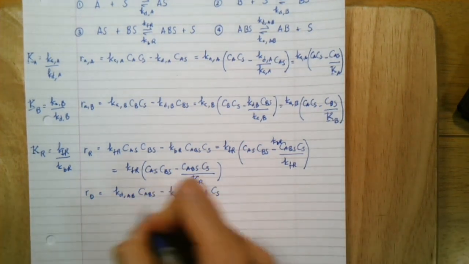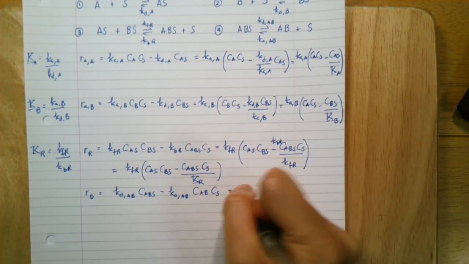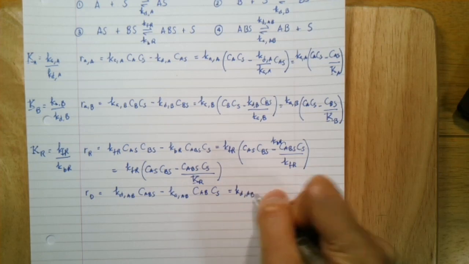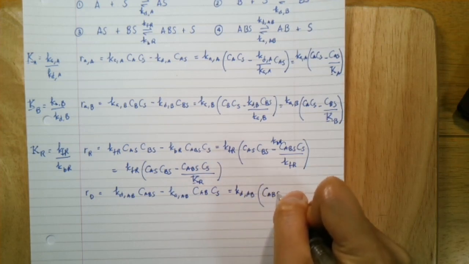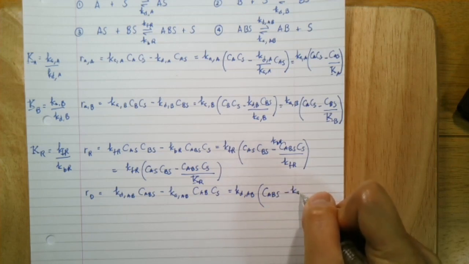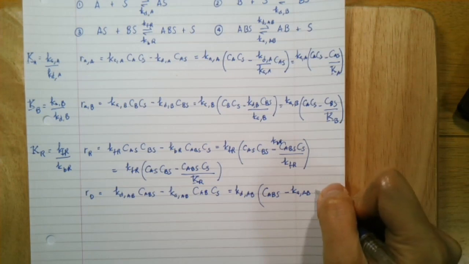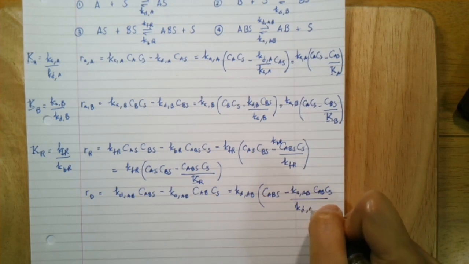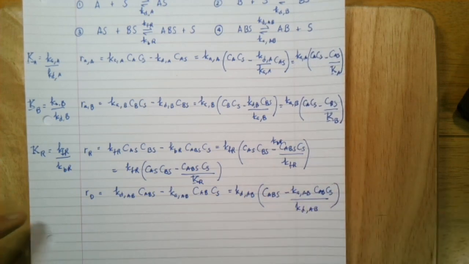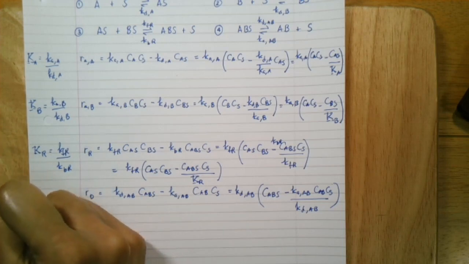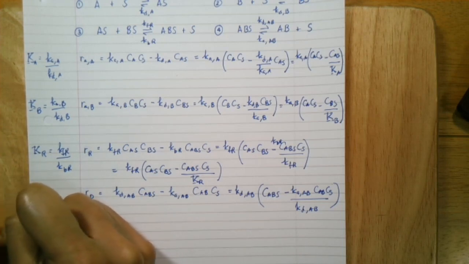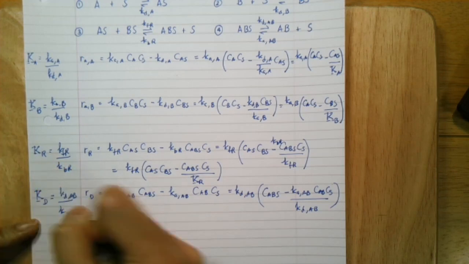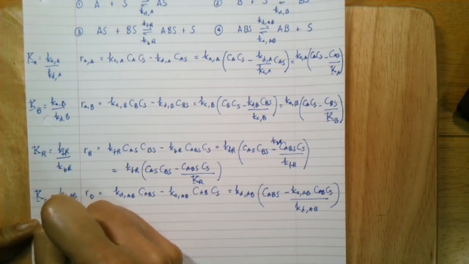And then finally, for the desorption step, I can write this as KD,AB times CABS minus KA,AB over KD,AB times CAB CS. For desorption, the equilibrium constant KD is equal to KD,AB divided by KA,AB.